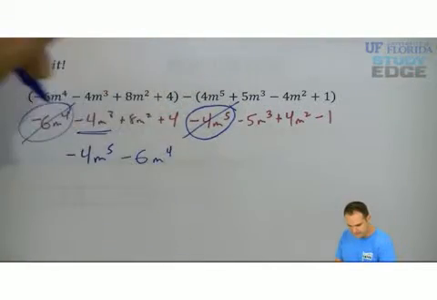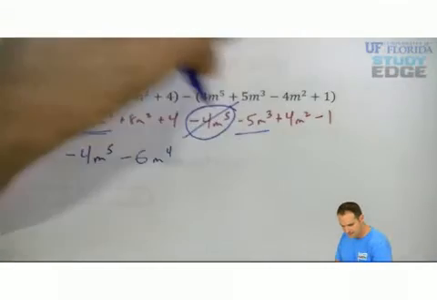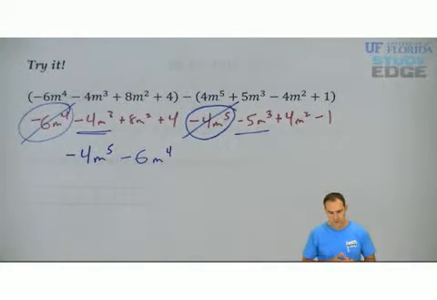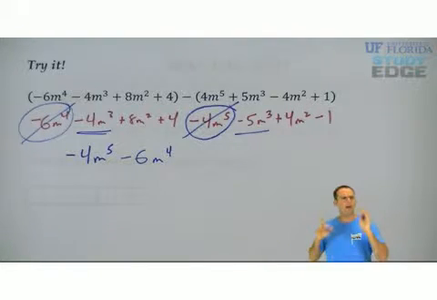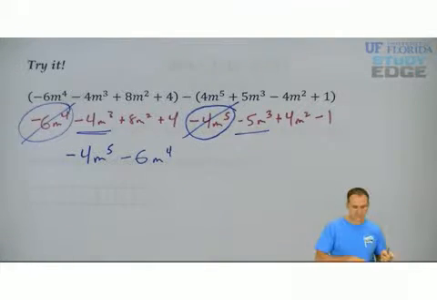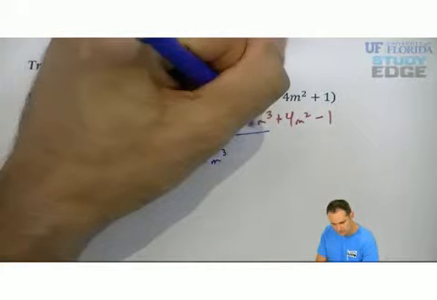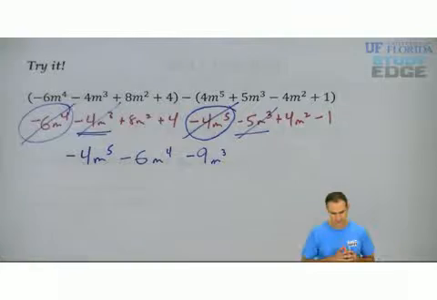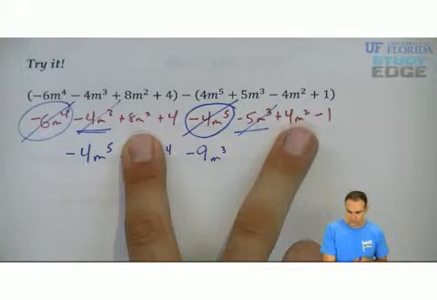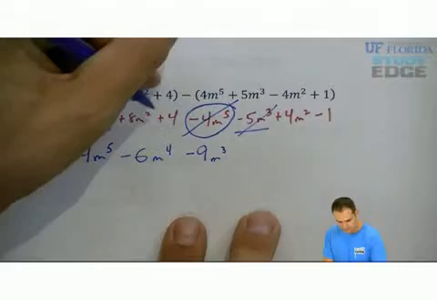I see a minus 4m to the third and minus 5m to the third. Minus 4, minus 5 more will give you negative 9m to the third. I see an 8m squared plus a 4m squared.